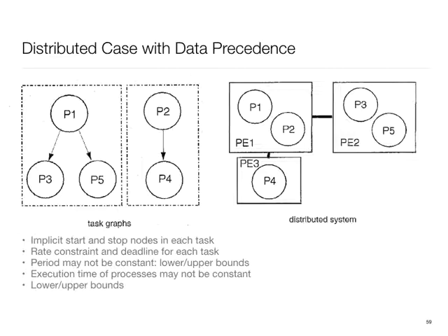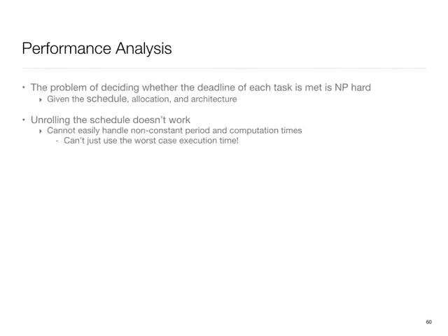If it doesn't work, I modify it. Stands to reason. The only problem in this story is that the problem of checking whether a particular mapping meets the deadlines is itself NP-hard in this distributed case. And I'll show why that's the case in a moment.